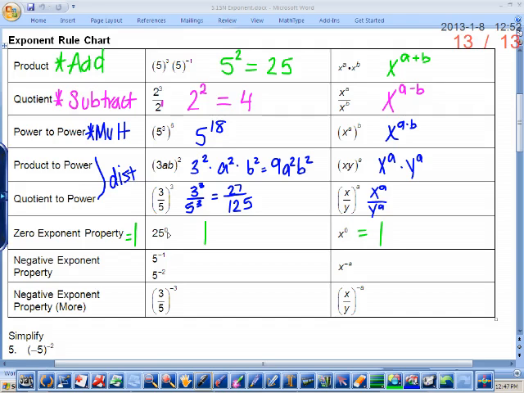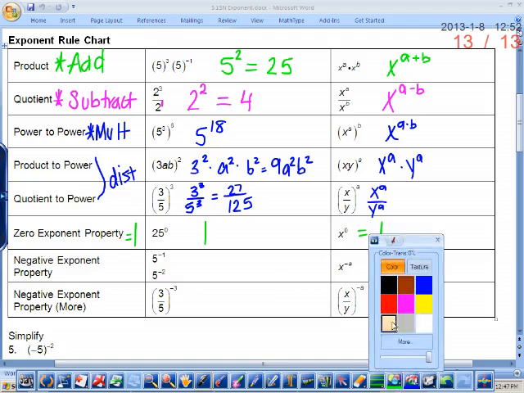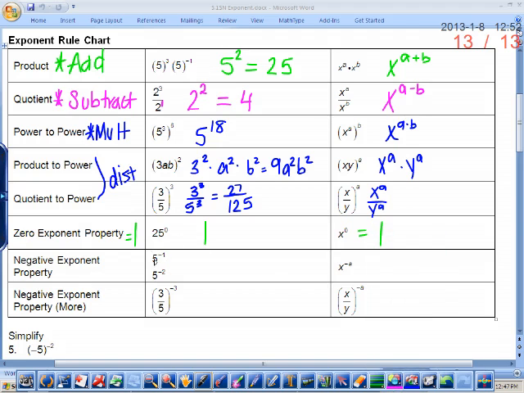All right. Negative exponents. Okay? Negative exponents cause a little bit of trouble. You've got to make sure you're dealing with the base. There's a couple different ways you can look at this. When you have a negative exponent, you can think about taking the base. What's the base of 5 to the negative 1? 5.